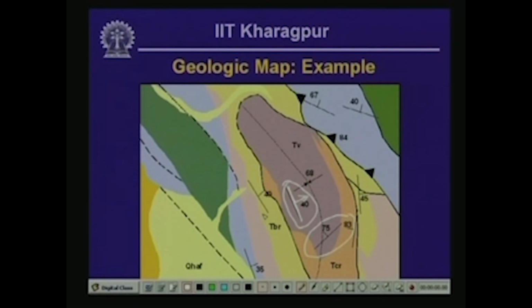Now, there are other lines, actually the thick lines shown here, that indicate that there are faults in these areas. They are all strikes of different faults.